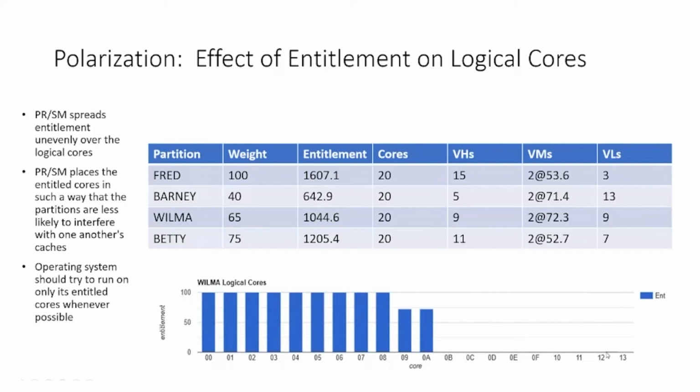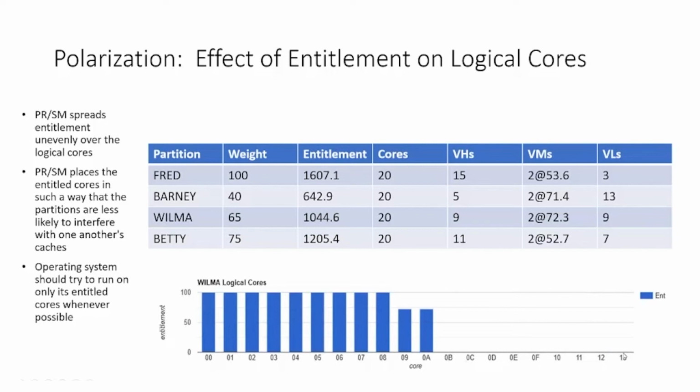We want the operating system running in the partition not to try to run on the vertical lows. If it's at all possible, it should cram its workload into the entitled logical cores. And the reason for that is cores out here, vertical lows that are entitled to nothing, they are at risk for PRISM not running them unless there's spare power. These are the places where you're guaranteed to be able to run. These logical cores are not guaranteed even a drop.